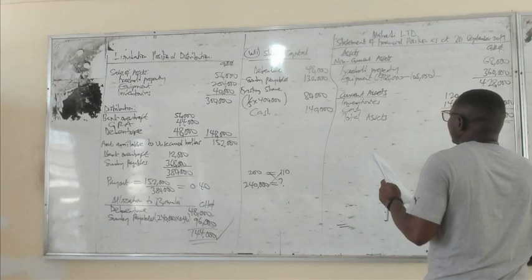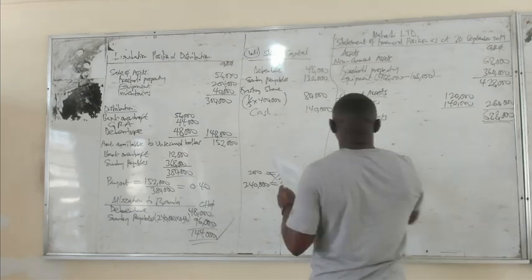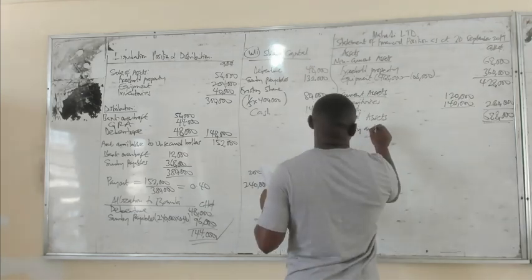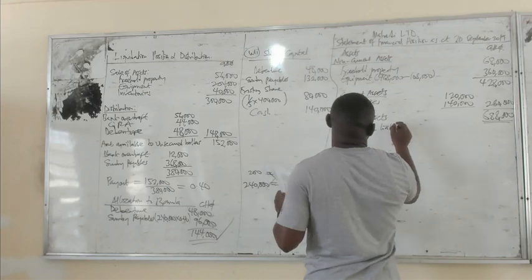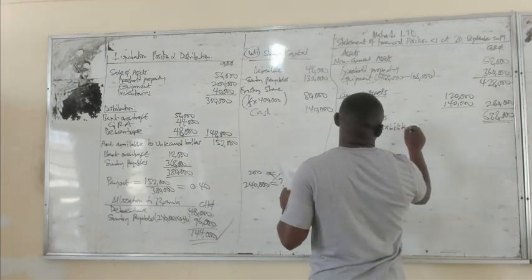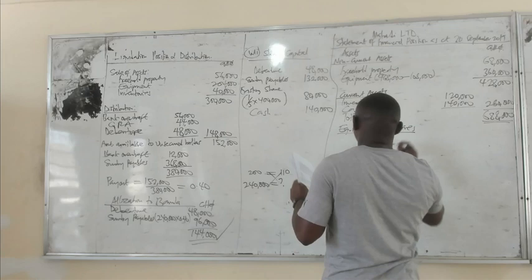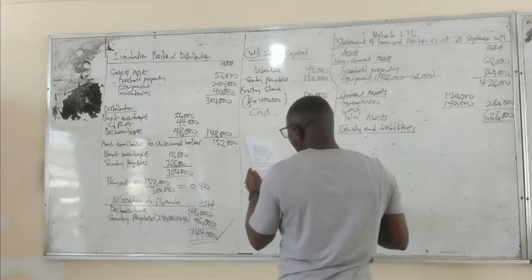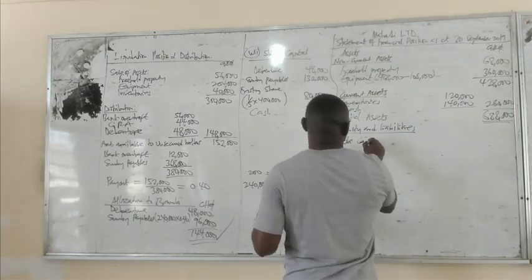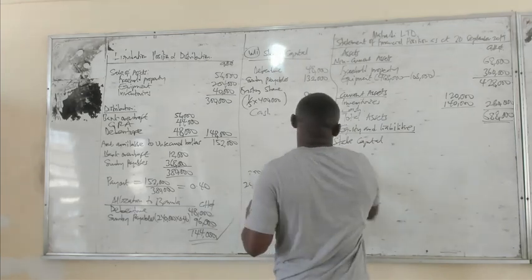Then we have equity and liabilities. Under equity and liabilities, stated capital. So what will be the capital? The new share capital.